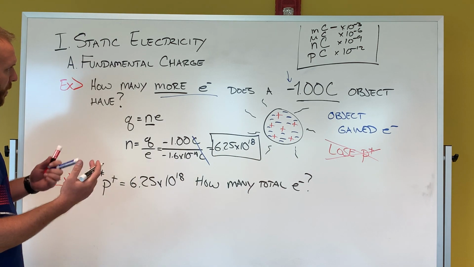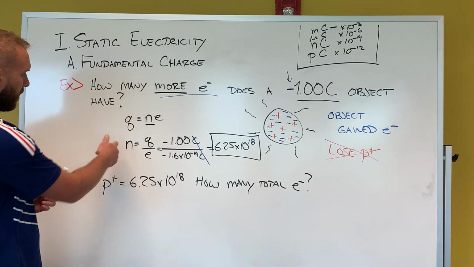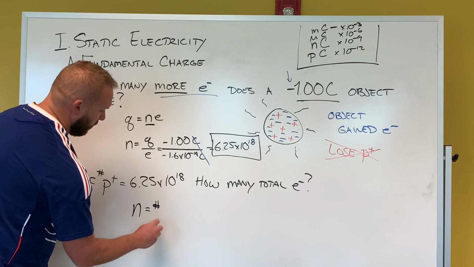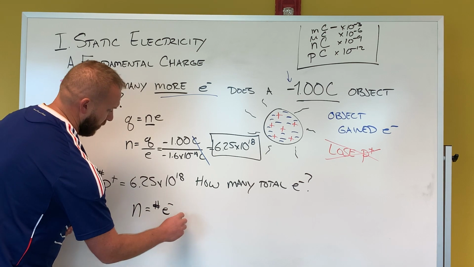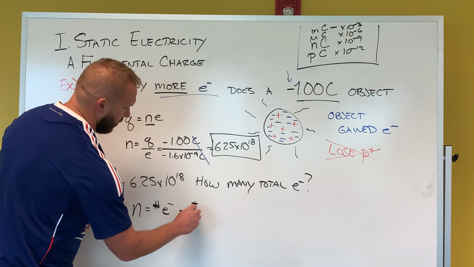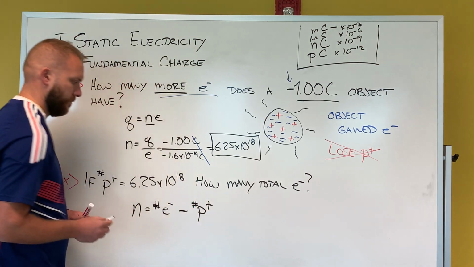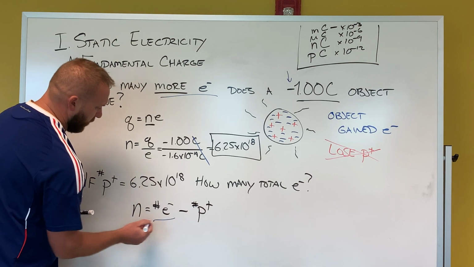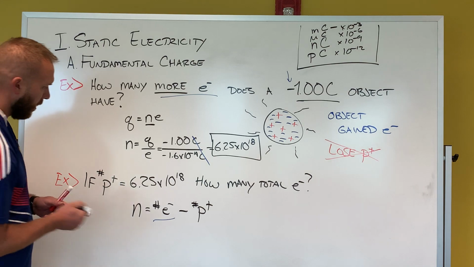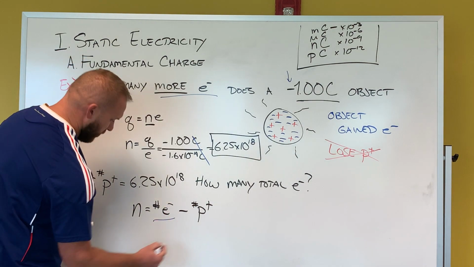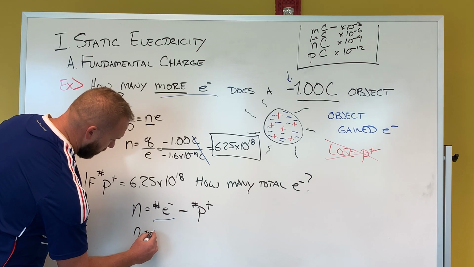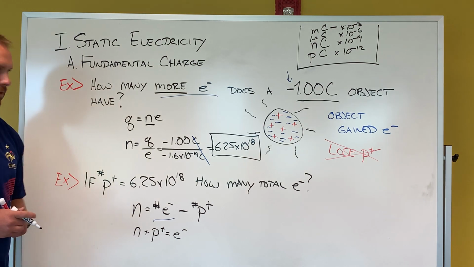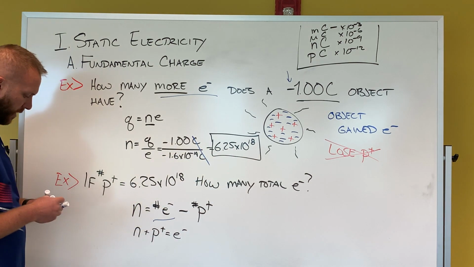And so to think about this, N is basically equal to the number of electrons minus the number of protons, okay? So what we can see is if I'm trying to figure out how many total electrons that I have, I can simply add my number of protons over, and I get N plus my number of protons equals my total number of electrons, right? So N is here, 6.25.